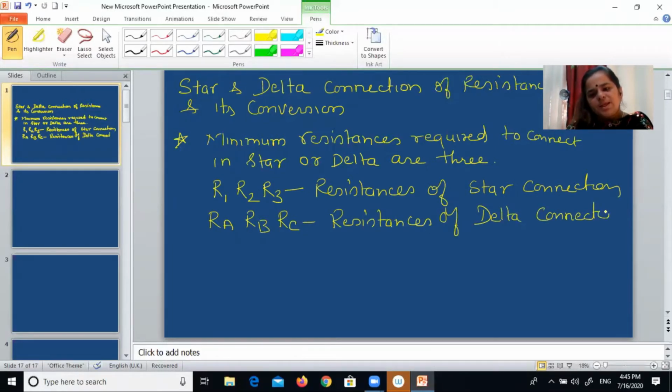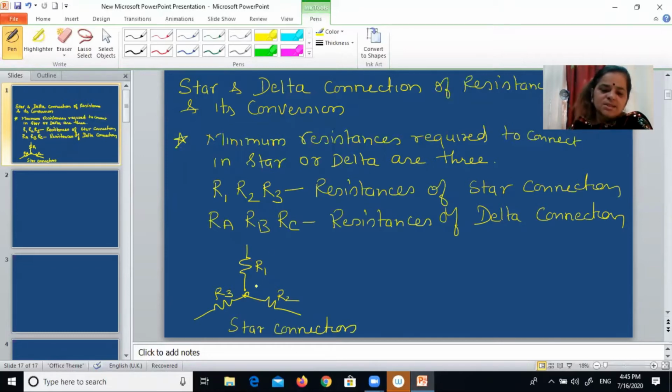When I connect the resistances like this, suppose R1, R2, R3, then this kind of connection is called a star connection. When either the starting ends of the resistances are short circuited at one point, or the end points of the resistances are short circuited at one point, that kind of connection is called a star connection.